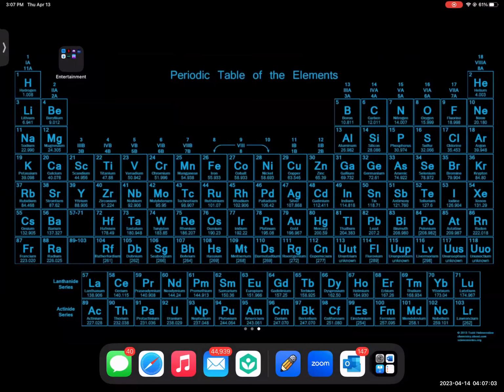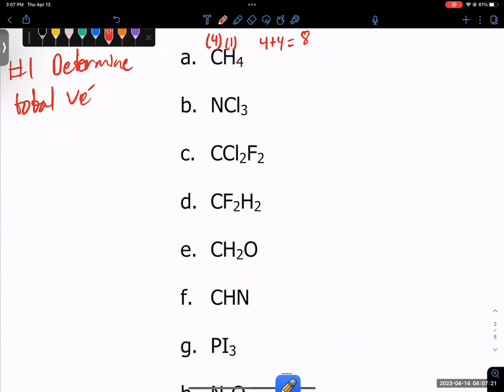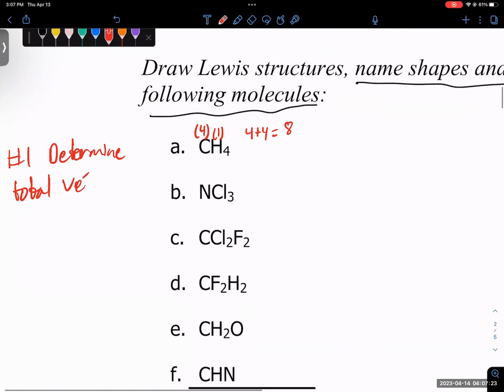That's how many electrons are in its outermost shell. Hydrogen is in group 1, and group 1 elements only have 1 valence electron. So if carbon has 4, and there's 4 hydrogens, 4 plus 4, that's 8 valence electrons.